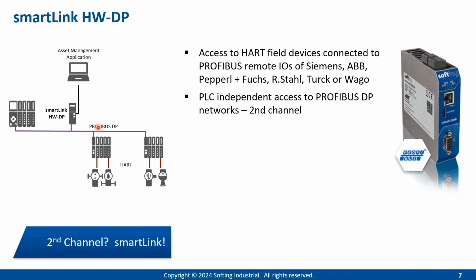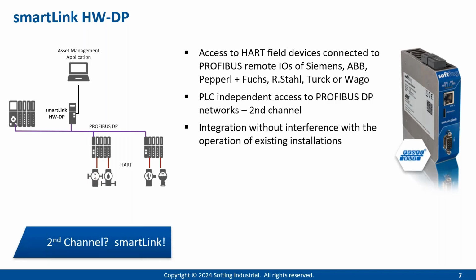We are also establishing a second connection from the smartLink on the PROFIBUS to each of these remote IOs. It is a second channel for the asset management application to connect to the HART devices. Again, integration without interference of existing operations and existing installations.